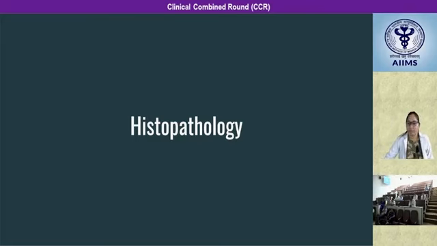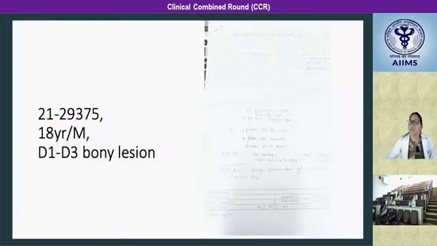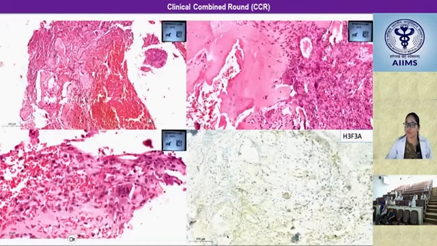Good afternoon, everyone. We received bony tissue from this patient, and the sections examined show woven bone formation. Here we can appreciate the woven bony trabeculae with large areas of hemorrhage, and there were monomorphic spindle-shaped cells in between the trabeculae, and some osteoclast-like giant cells were also seen.